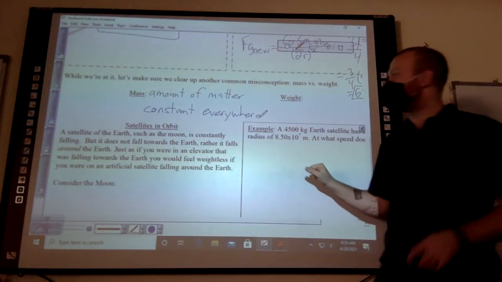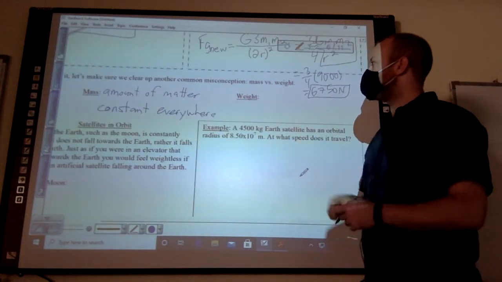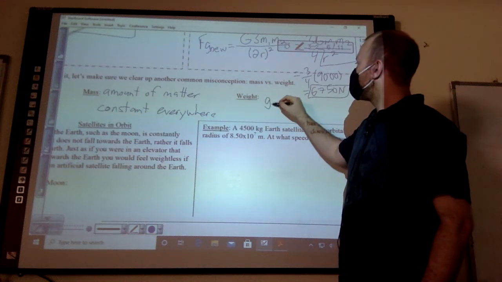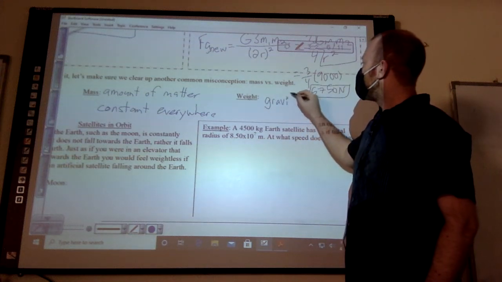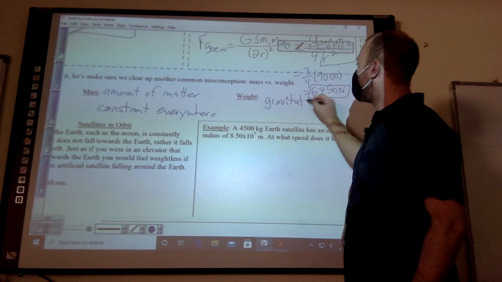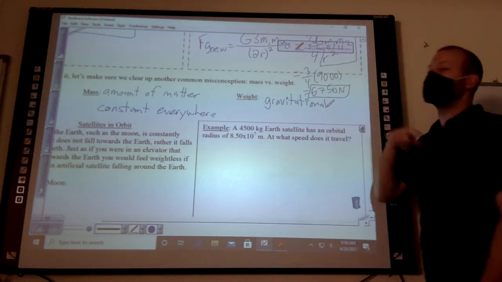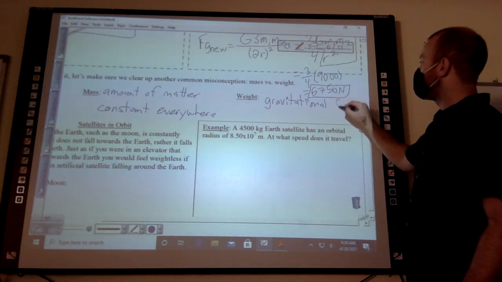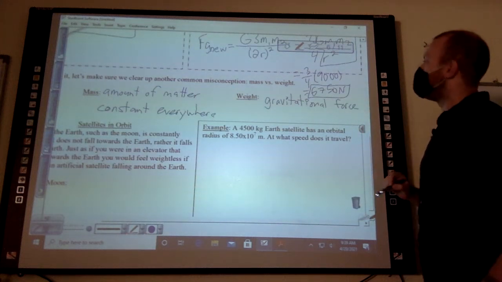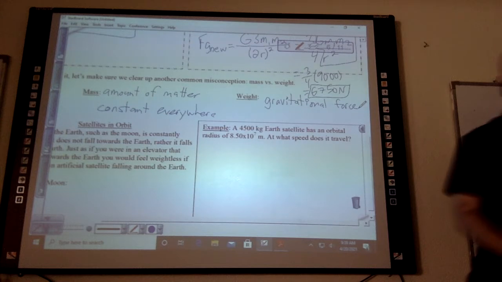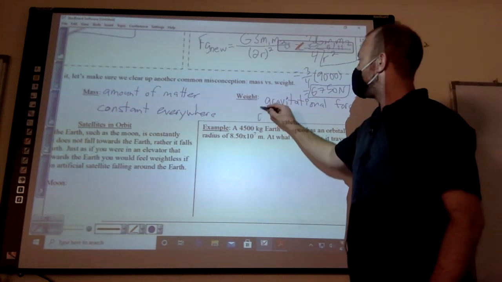Whereas weight is gravitational force. It's the gravitational acceleration times the mass. So it's gravitational force and depends on location.